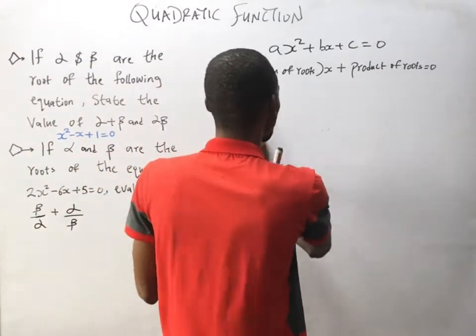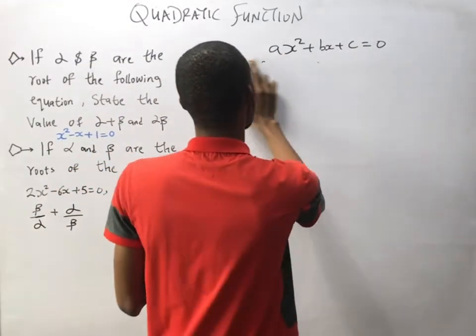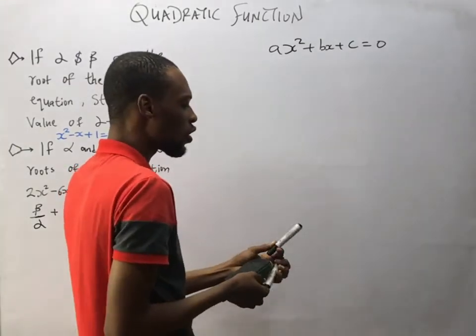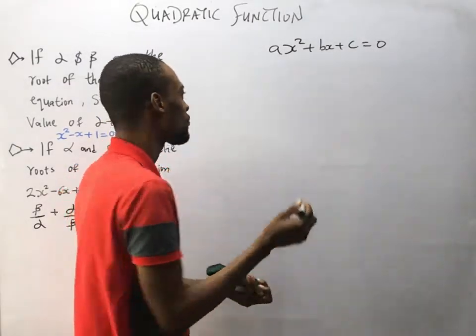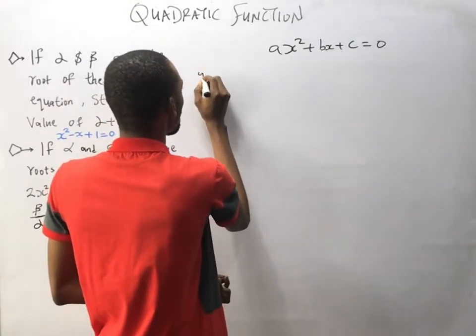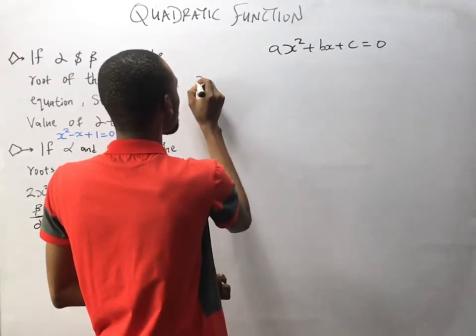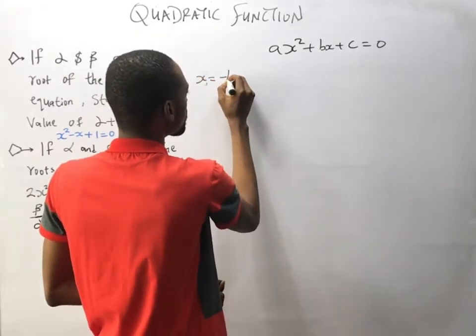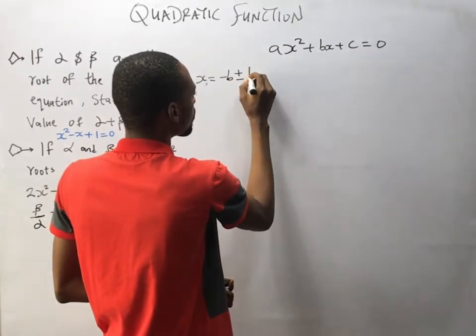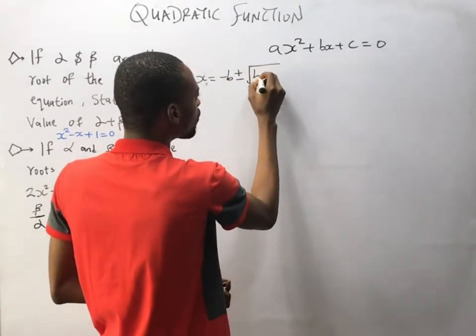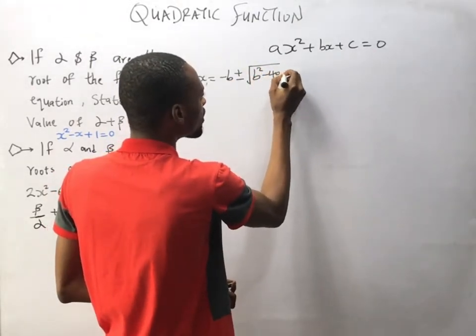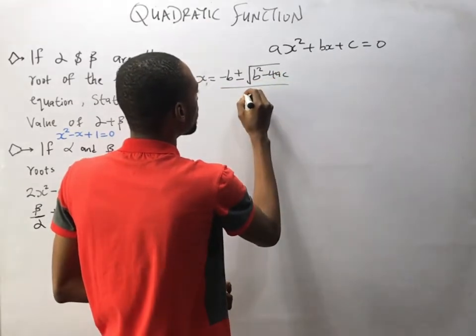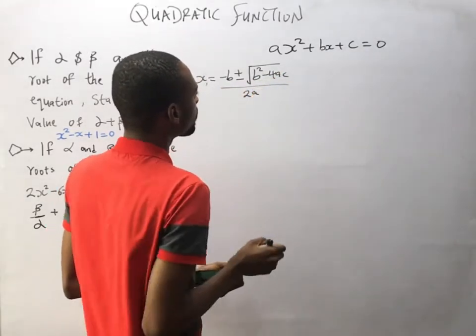And I also explained that this is the general formula for quadratic equation, which is also called the almighty formula. It's simply x, or whatever you are looking for, equals minus b plus or minus square root of b squared minus 4ac all over 2a.